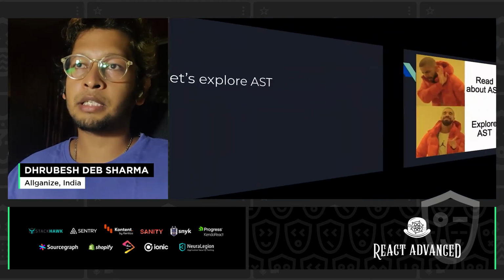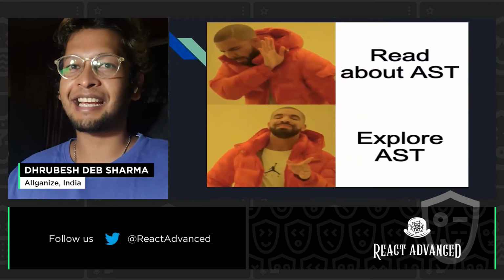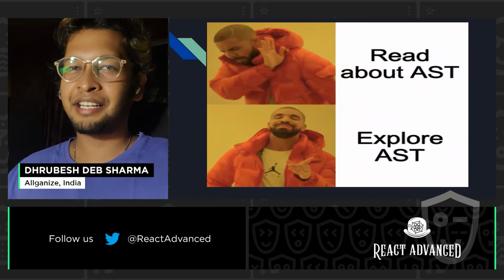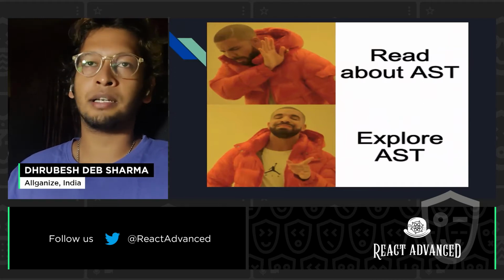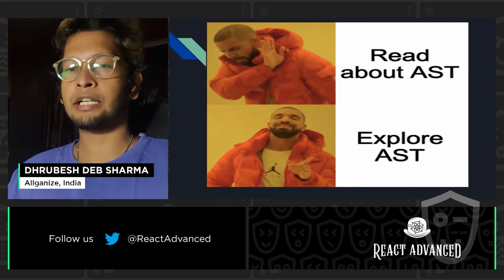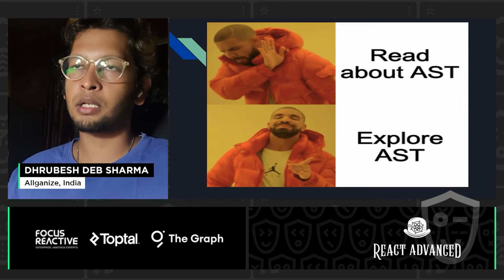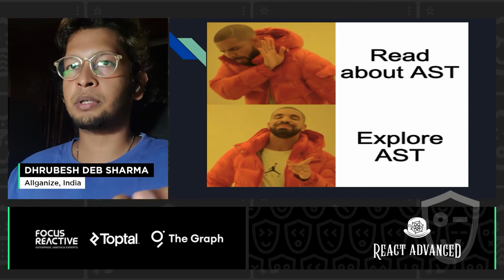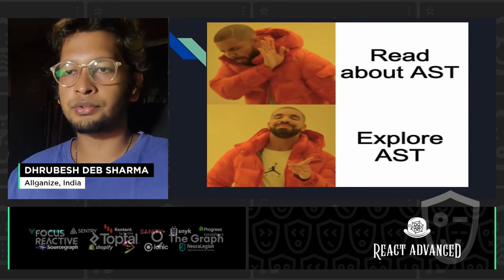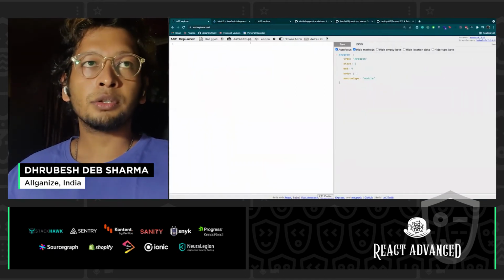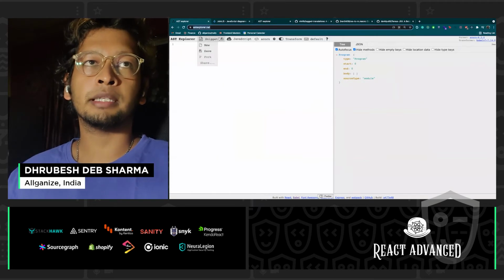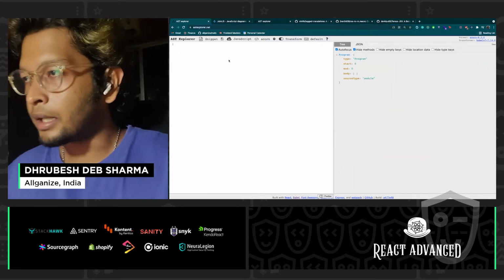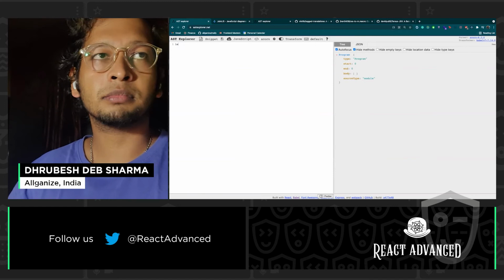So let's explore AST. As Drake says, reading the theoretical definition of something might not purely make sense, but when we go ahead and explore AST, that's when it starts making sense to us. So you can go to this link called the AST Explorer, and let's write some dummy code here.